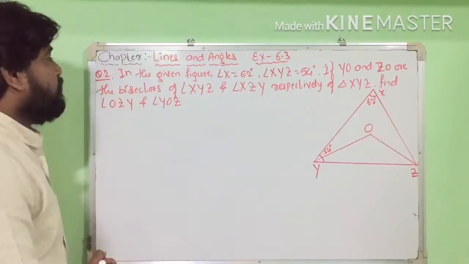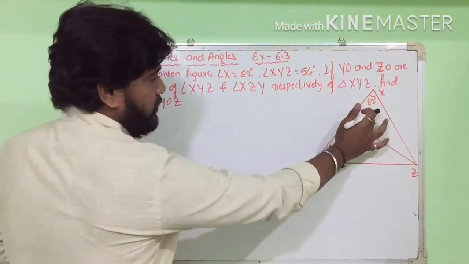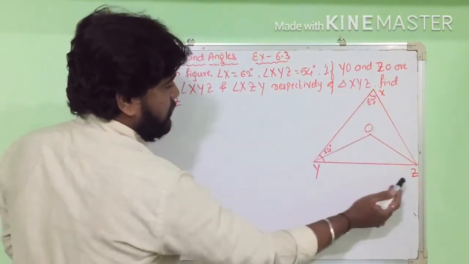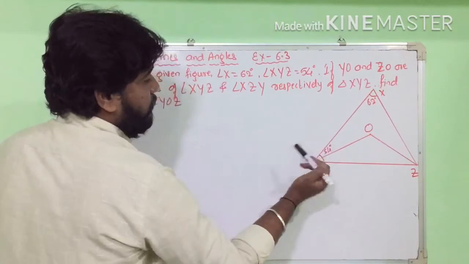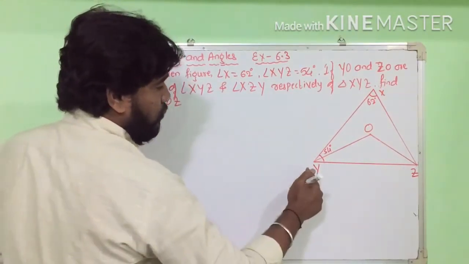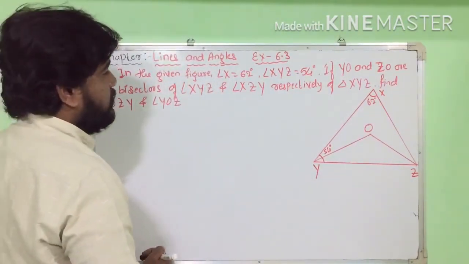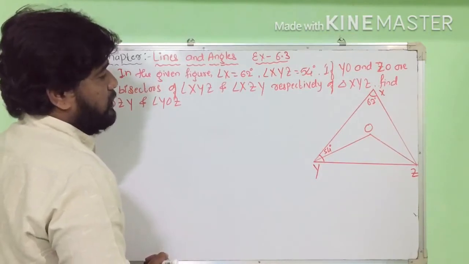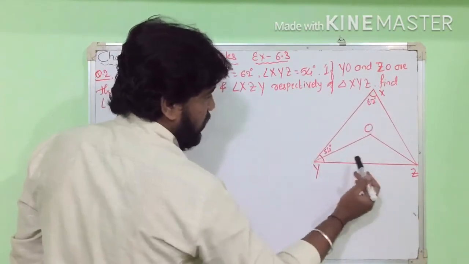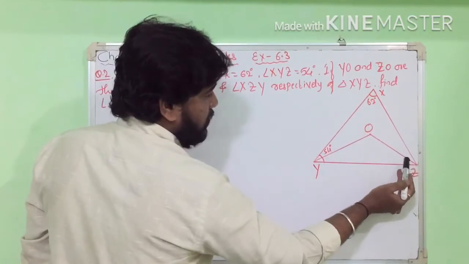The second question is: in the given figure, angle X is equal to 62 degrees and angle XYZ is equal to 54 degrees. So this full angle is 54 degrees. And OY and OZ bisect the angles XYZ and XZY. So OY bisects angle XYZ, and OZ bisects angle XZY.